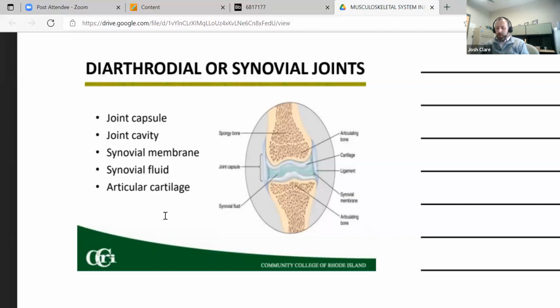The synovial membrane is inside the joint capsule, and it produces synovial fluid, which lubricates and provides nutrients to the joint structures and tissues. When somebody has range of motion precautions, after a rotator cuff repair for instance, they can't move their shoulder at all for the first few weeks.